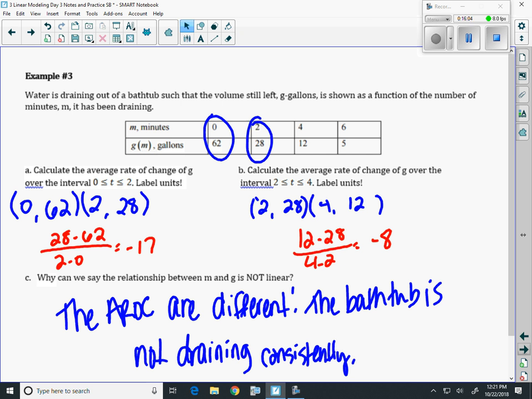Any questions on that? These word problems really aren't that bad, right?